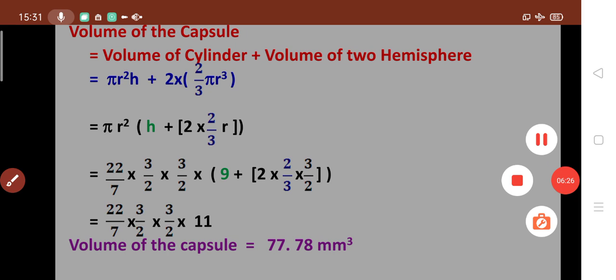This is the volume of the hemisphere, here 2 because there are 2 hemispheres, so 2 into 2 by 3 pi r cube. Now we can take the common term outside. Pi r square is common. What is the balance? H, plus 2 into 2 by 3 into r.